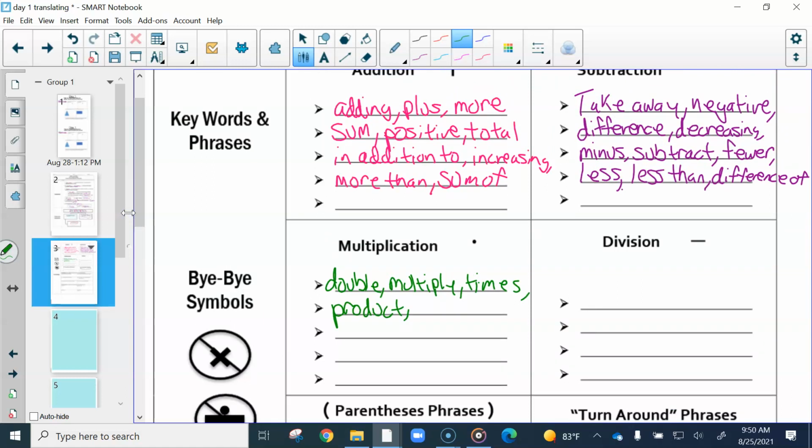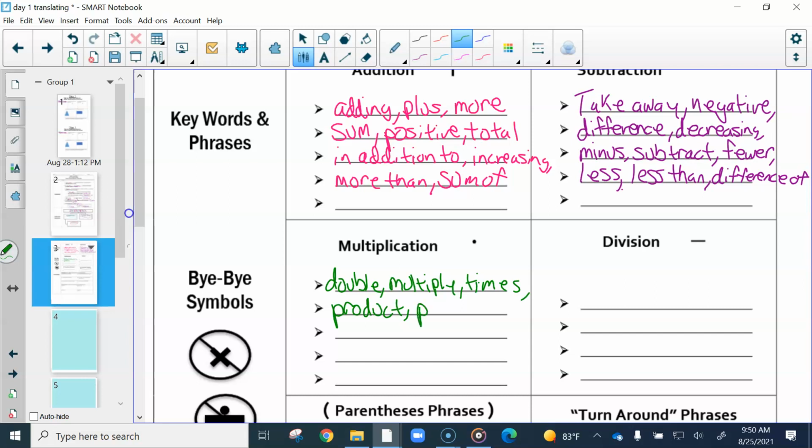Multiplied, multiplying, times, double, doubling, tripling.